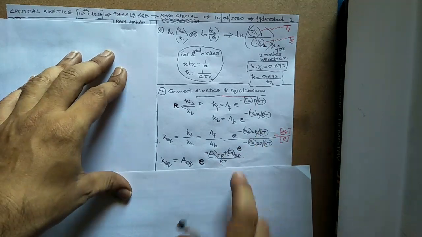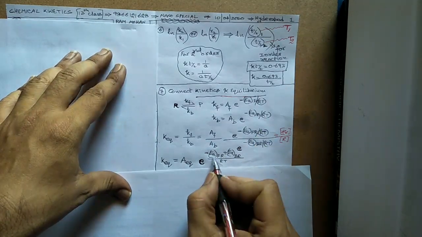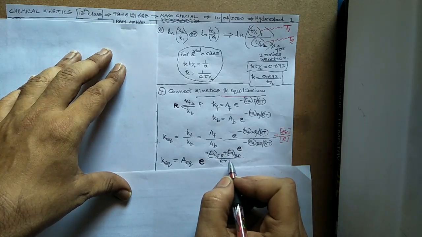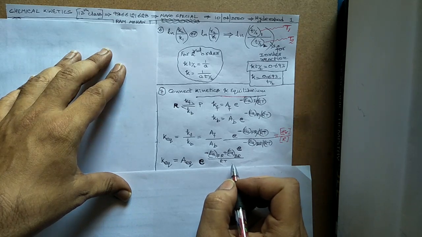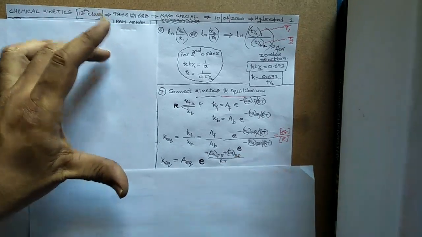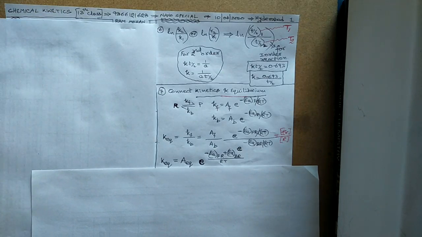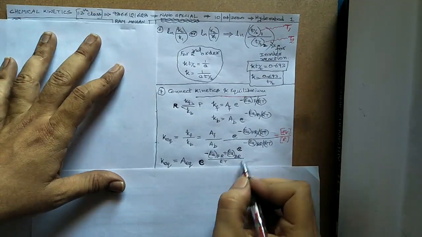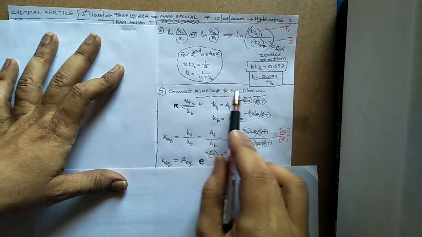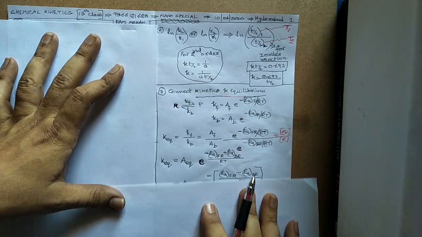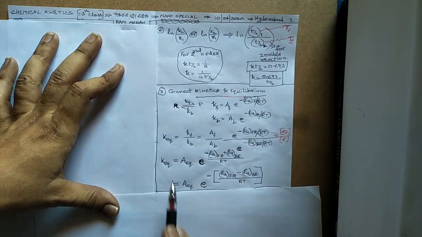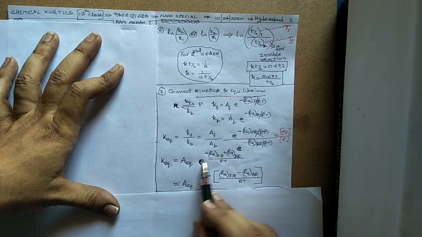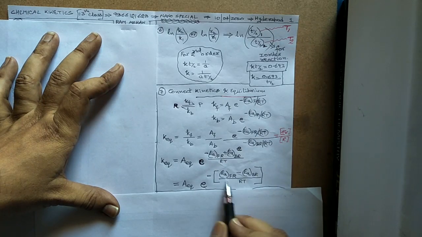Now we know very clearly one point from the previous class: activation energy for the forward reaction minus activation energy for the backward reaction is called delta H. So I want to substitute delta H here and connect kinetics to equilibrium and then to thermodynamics. So how? This is how I'll be substituting. K equilibrium is equal to A equilibrium into e power minus, when I take minus common, I'll get whatever I want in terms of delta H.